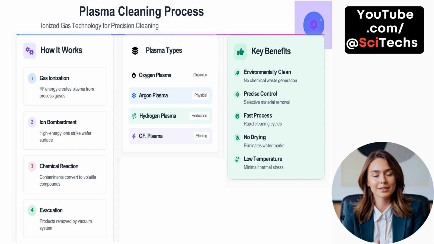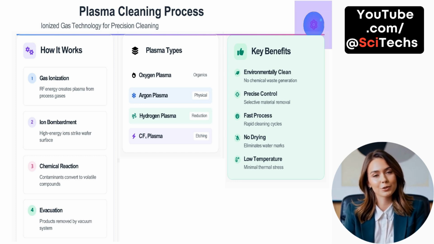Plasma cleaning process. Plasma cleaning uses ionized gas technology to remove contaminants from surfaces with high precision. It begins with gas ionization, where RF energy energizes process gases, converting them into plasma, a state rich in reactive ions. These high-energy ions bombard the wafer surface, effectively dislodging unwanted particles.